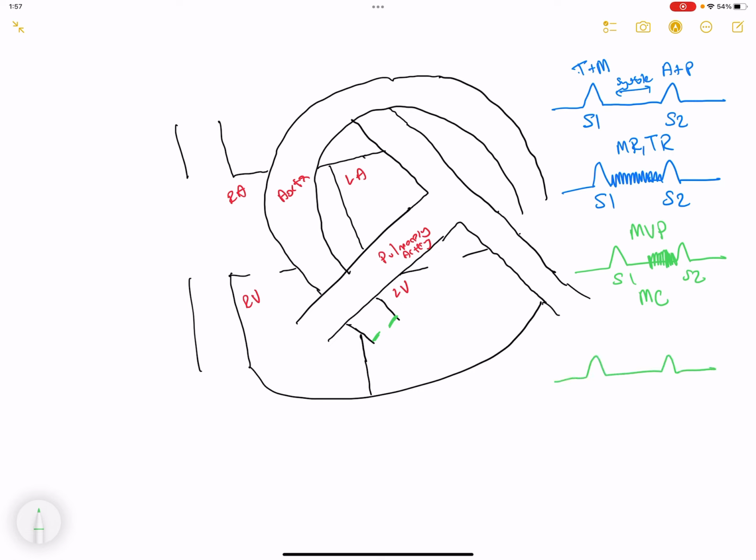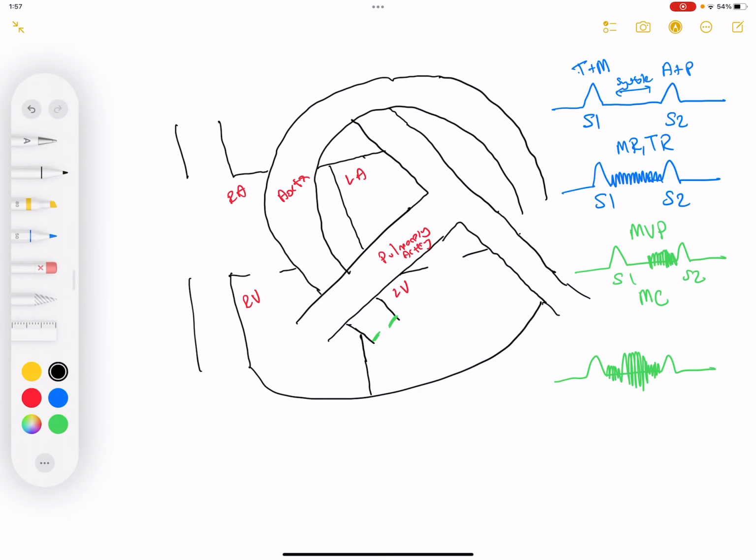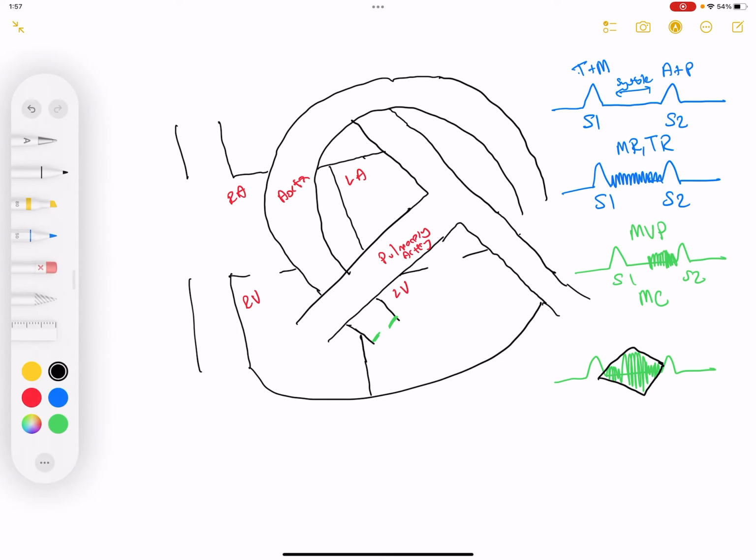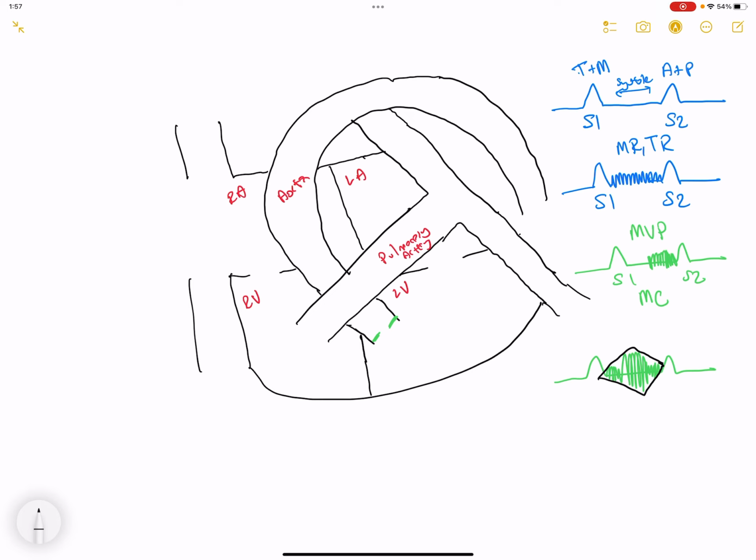We get this crescendo, decrescendo appearance. It is kind of diamond shaped, like this. And this is a hallmark sign of aortic stenosis. This crescendo decrescendo appearance on the wavelength form.